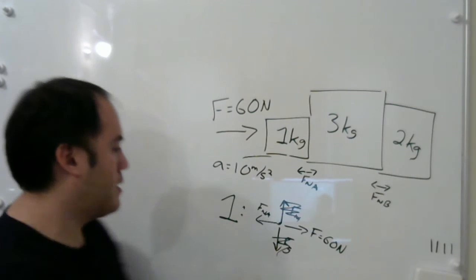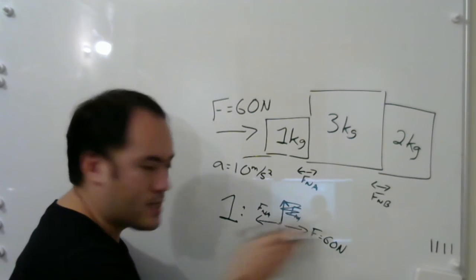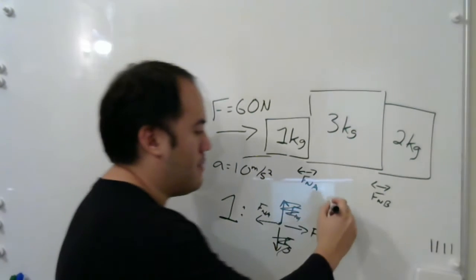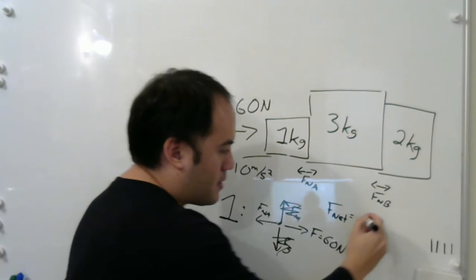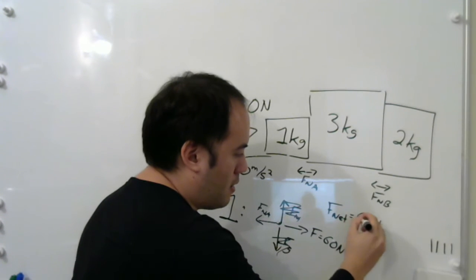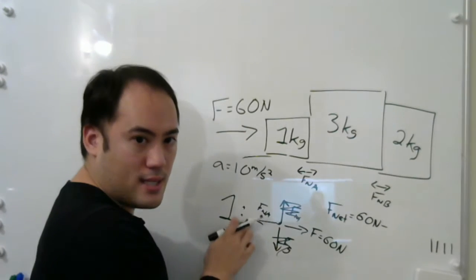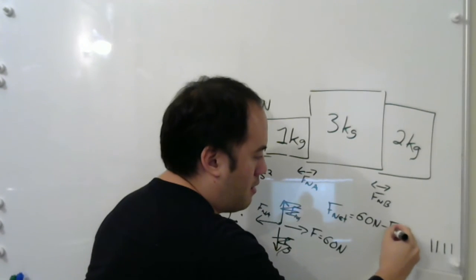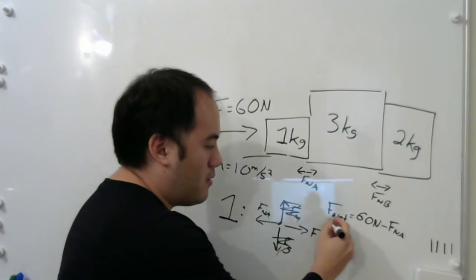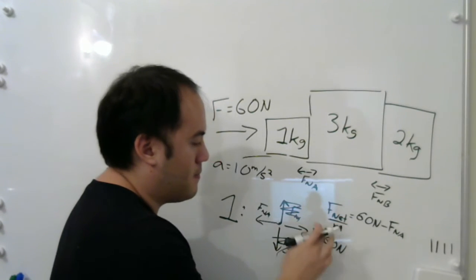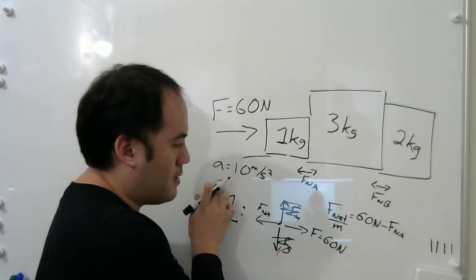But it's not. F net, let's say right is positive. F net is 60 newtons minus this force because it's left. Well, what's F net over M? It's A, 10 meters per second squared.